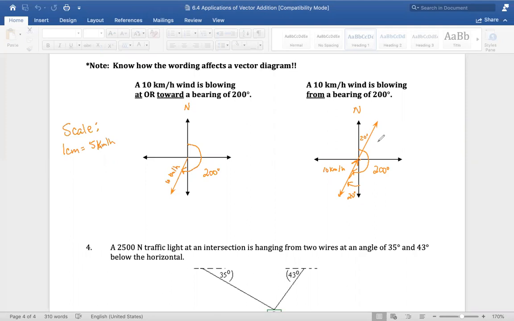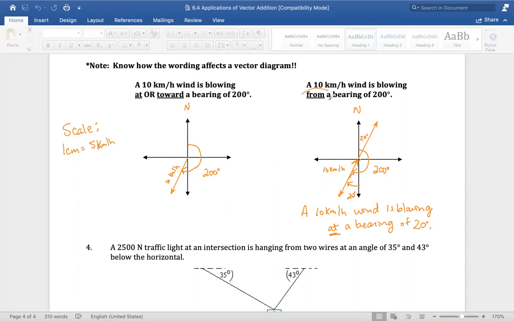So another way we could write this down below is: a 10 kilometer per hour wind is blowing at a bearing of 20 degrees. When it says at or toward, it's exactly the way the angle is said, starting at north and going clockwise.